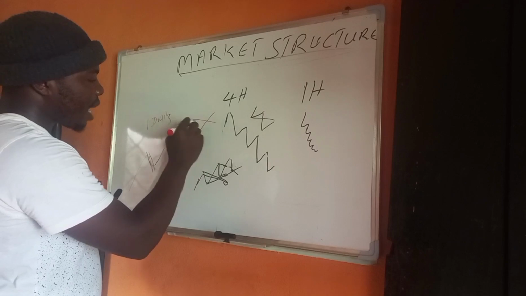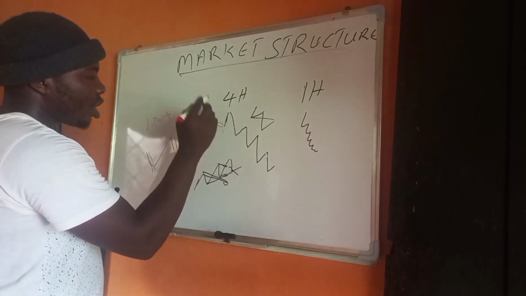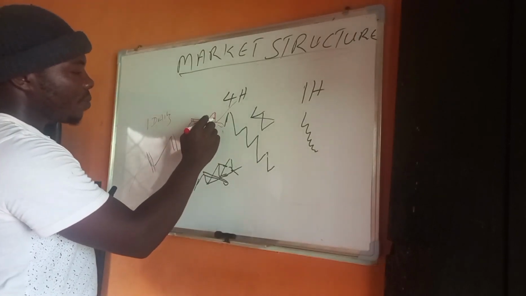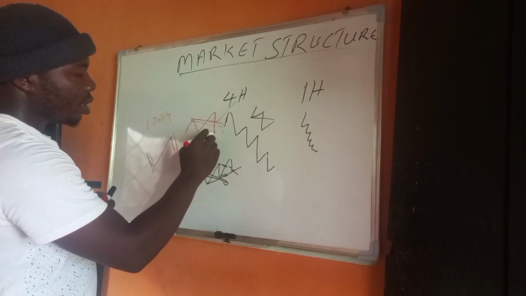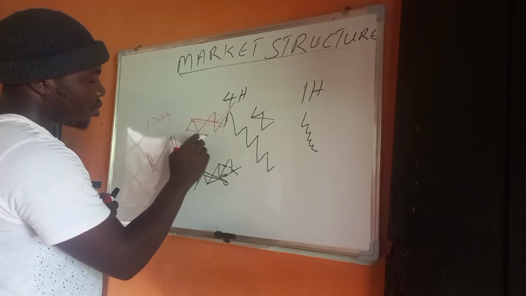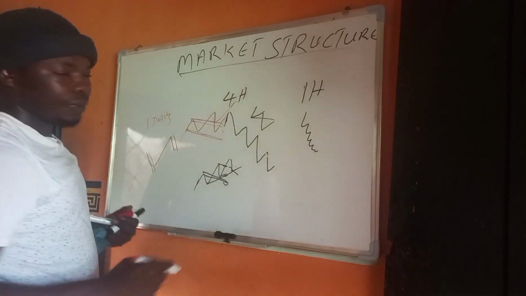Instead of retesting back to this zone as the high, according to the textbook explanation, it is supposed to retest this zone before going up. But what you will see is the market break out of that zone, then start moving up again. Sometimes it will not retest this zone.